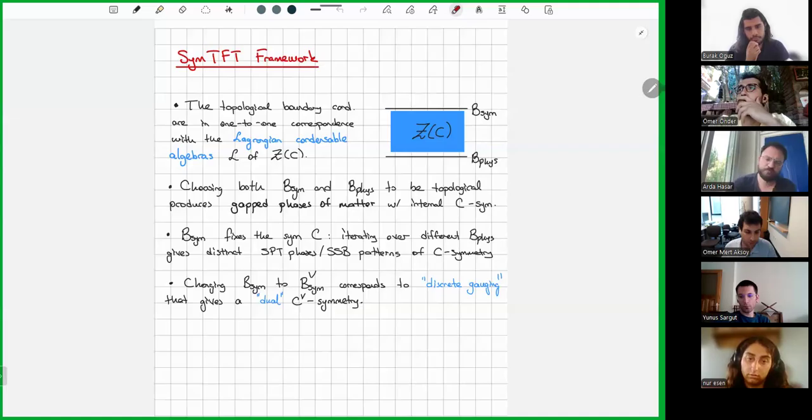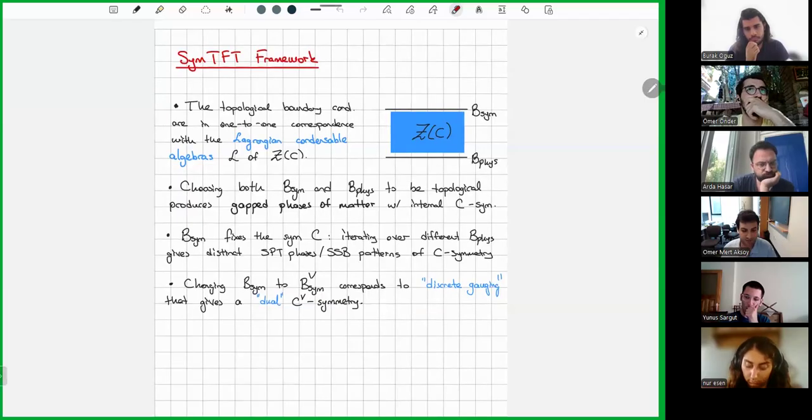And in this topological SymTFT framework, getting such a dual symmetry is the same as choosing a different top boundary condition, B check. Actually, there is a prescription to match these. So essentially, the top boundary chooses different symmetries, and you can think of changing the top boundary as getting different dualities that are related by what's called discrete gauging, some sort of gauging-like map.